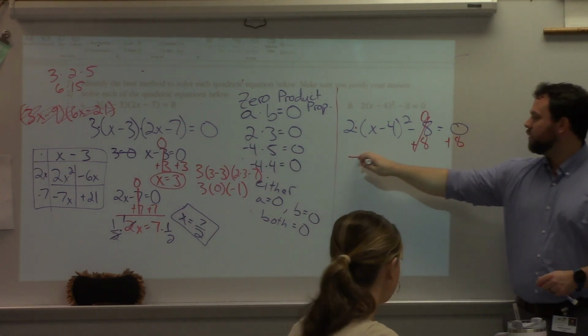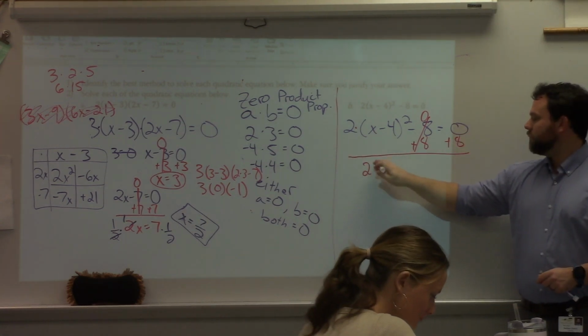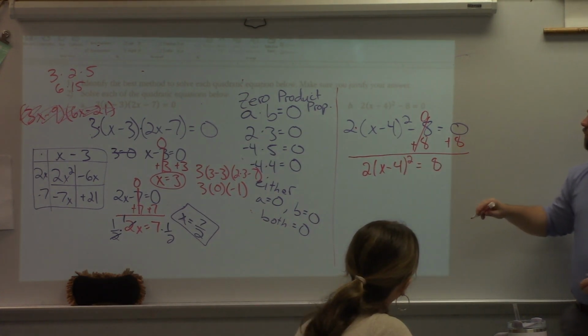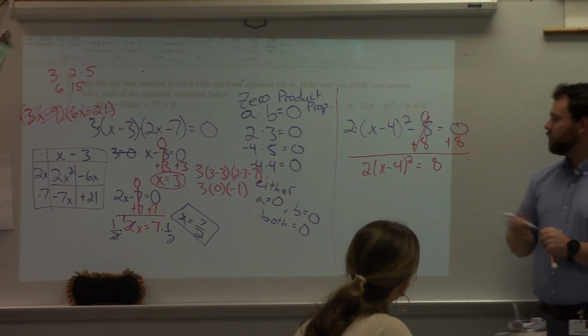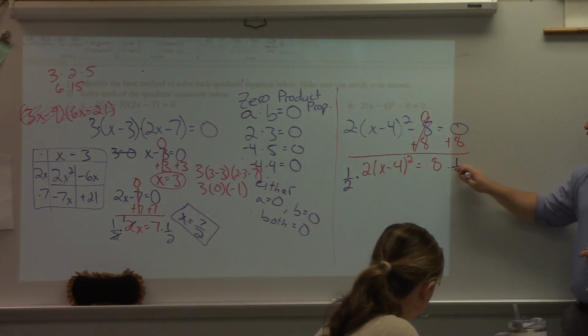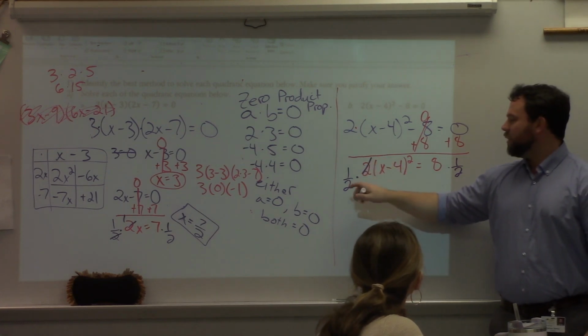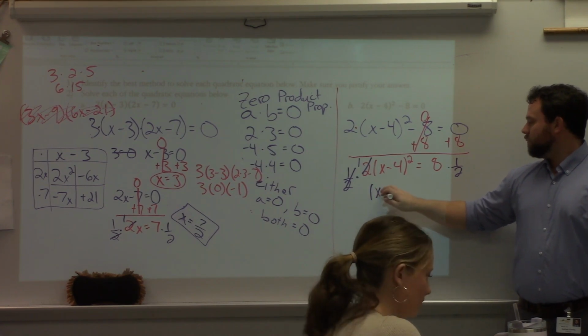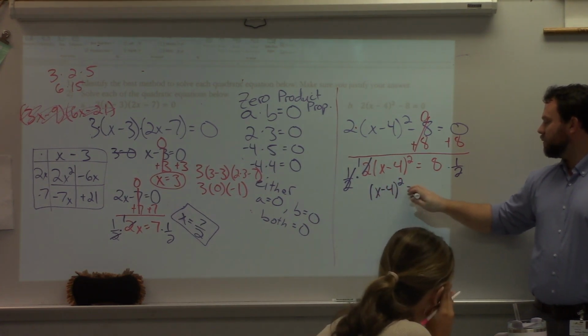Property of equality. Now what do I do? Multiply by that reciprocal, divide by 2, whatever makes your heart happy on that one. Again, I just recommend the reciprocal, because what's half of 2? 1, right? So what does x minus 4 squared equal?